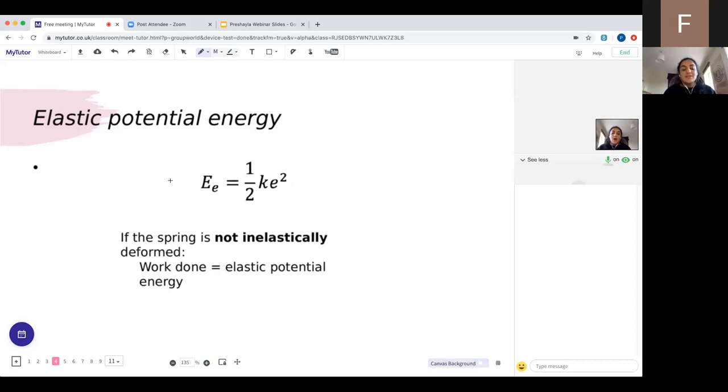So work is being done when a spring is deformed, okay, providing that it's elastically deformed. So if it does go back to its original shape, work is done. That work done is equal to this form of energy called elastic potential energy.